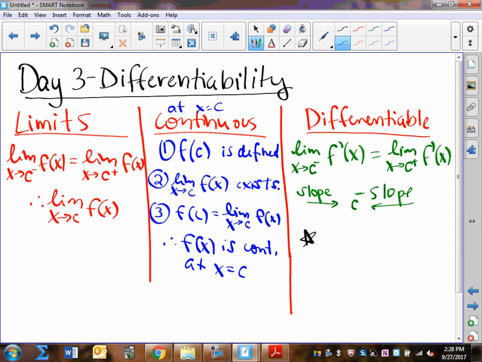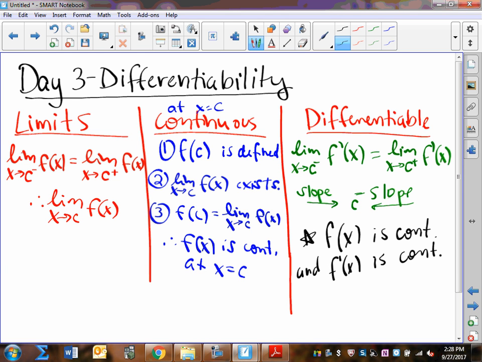If a function is differentiable, then your original function is continuous, and you must also have that your derivative is continuous. If my original function is continuous and my derivative is continuous, that's another way that I can know my original function is differentiable.